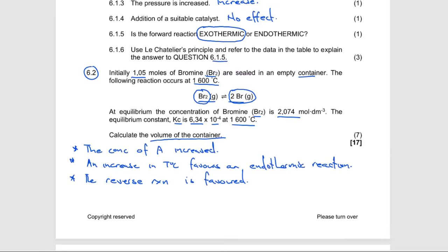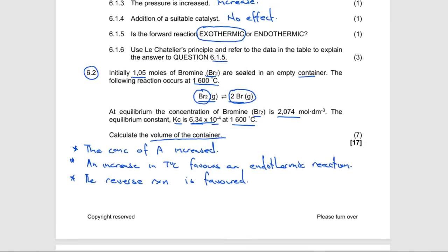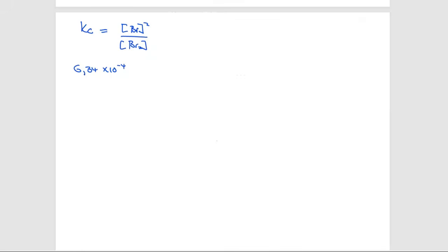Then I'm already given a Kc value of 6,34 times 10 exponent negative 4, which is equivalent to the concentration of Br squared, since we're not given that, all over the concentration of Br2.